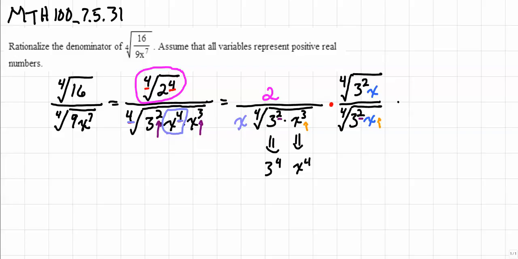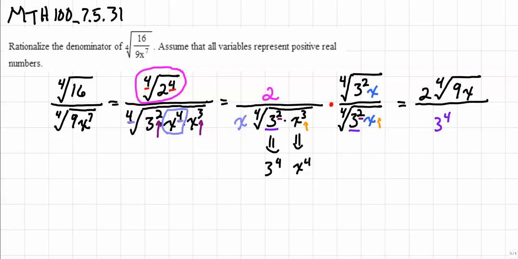So the numerator simply becomes 2 times the fourth root of 3 squared, which is 9. So we'll just change that to 9x. And then that will be over. Now we are going to multiply the 3 squared by the 3 squared, which will be 3 to the 4th power.